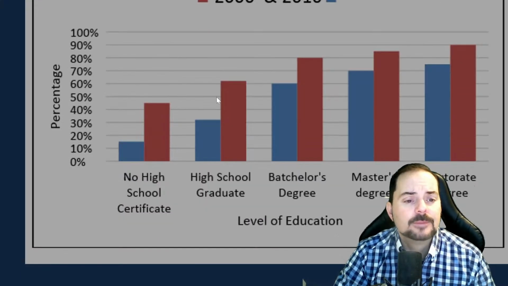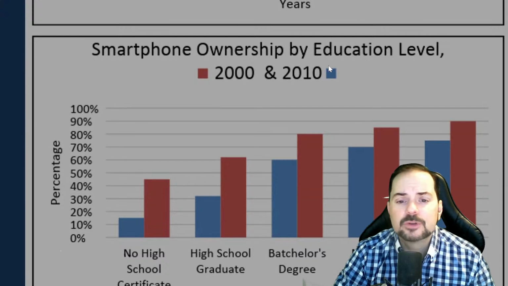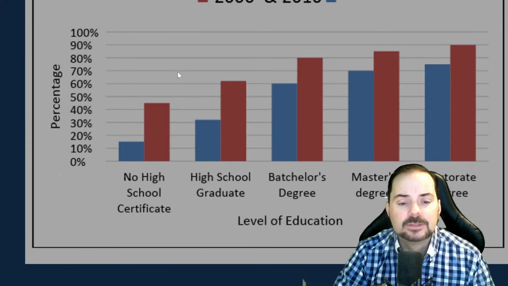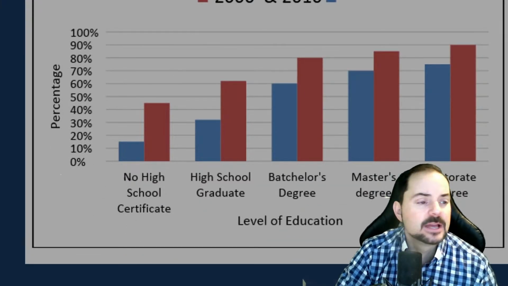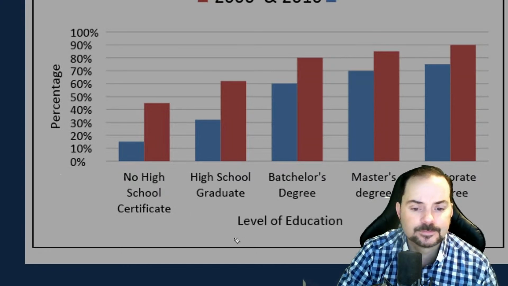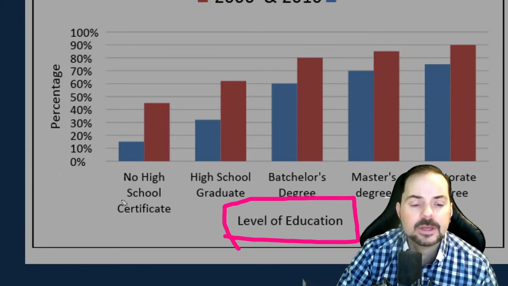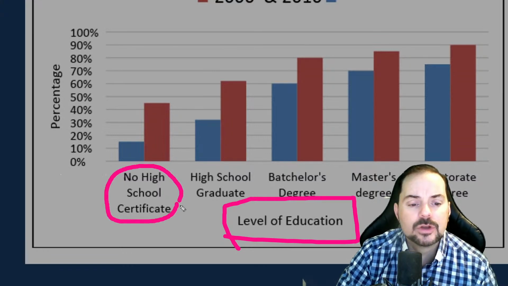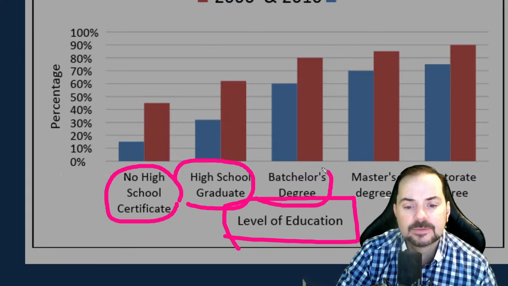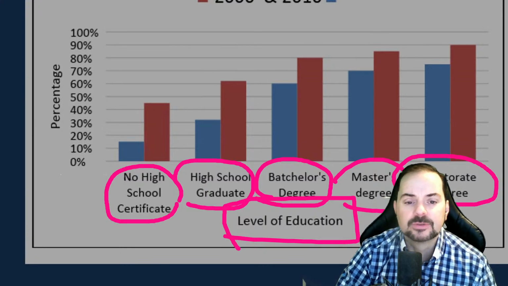All right, so here we've got smartphone ownership by education level, and then we've got the level of education: no school certificate, high school graduate, bachelor's degree, master's degree, doctorate degree.